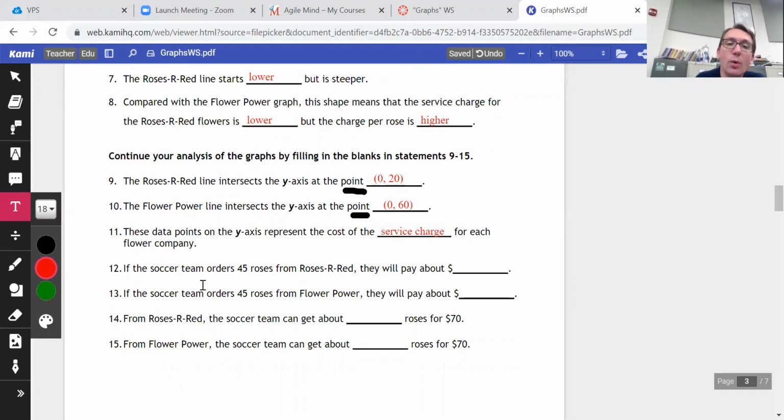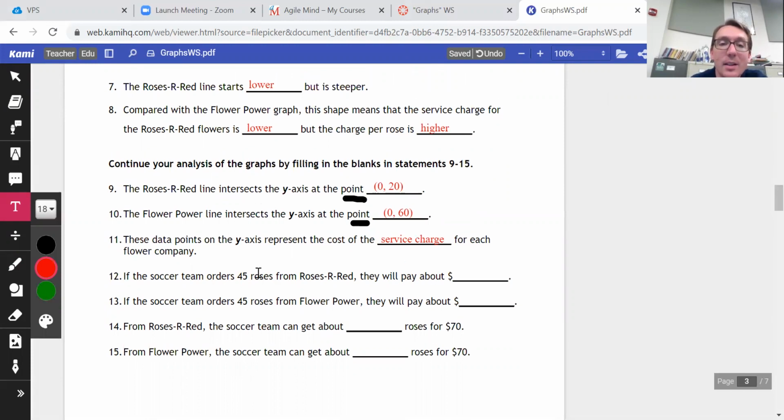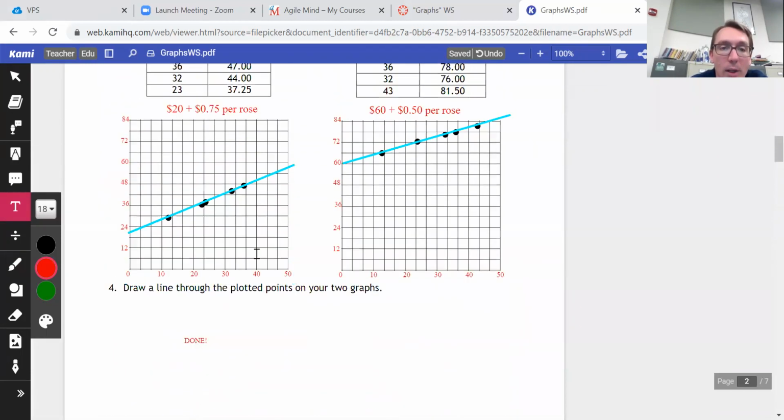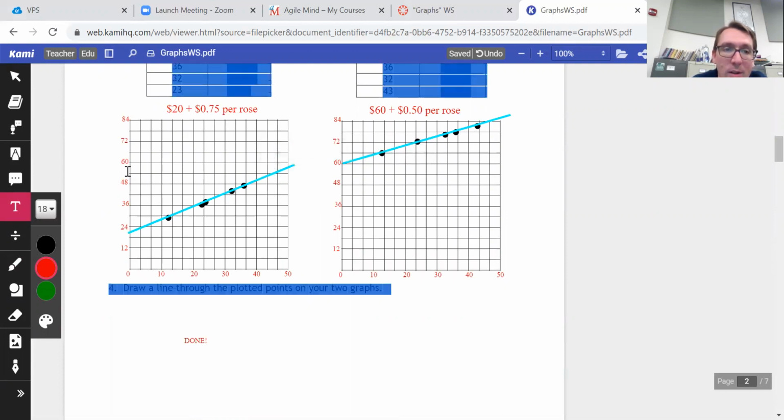Okay, if the soccer team orders 45 roses from Roses Are Red, they will pay about what? Let's look at 45. 45 is right here. Well, somewhere, we're smack dab between 50, so it's right there. It's going to be around halfway between 48 and 60. What's halfway between 48 and 60? That's 54.